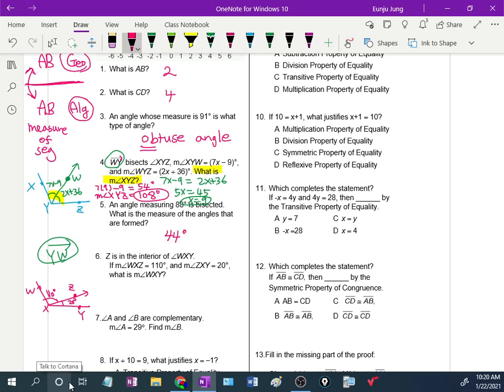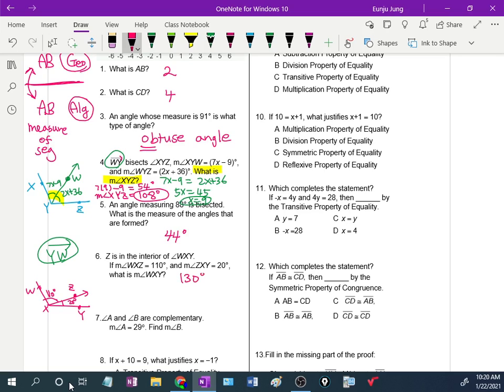All right, so follow the directions and then try to visualize the problem, okay? So Z is interior, so I drew Z inside of WXY. And it says one is 110, the other is 20, so I drew one big angle, one small angle like that, okay? What is the measure of the angle WXY all together?